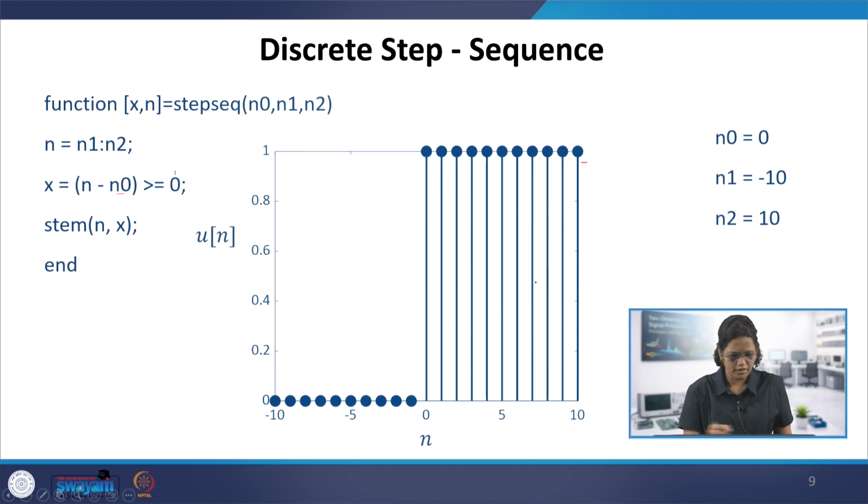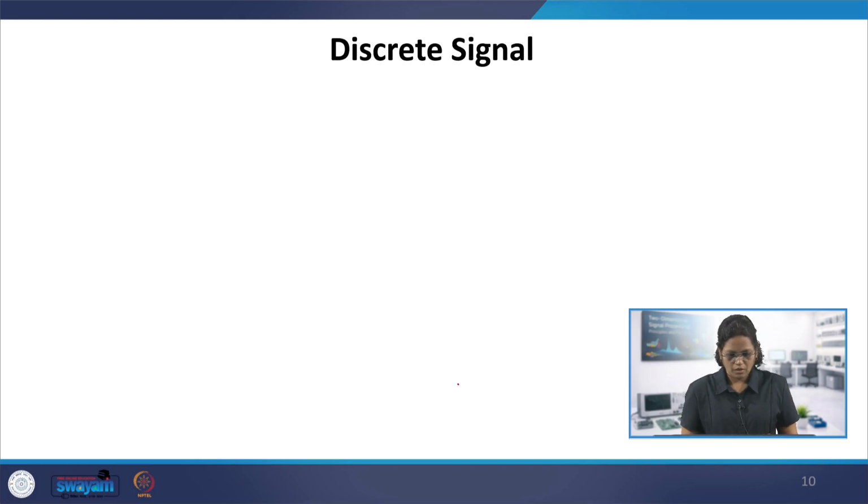That is plotted using stem(n, x), with n varying from minus 10 to plus 10. So this is how to obtain the step sequence. As n naught varies, this can be shifted right or left as well.